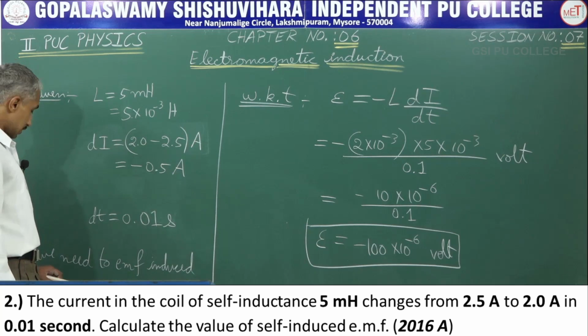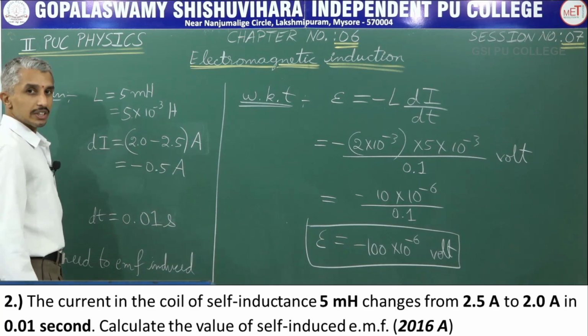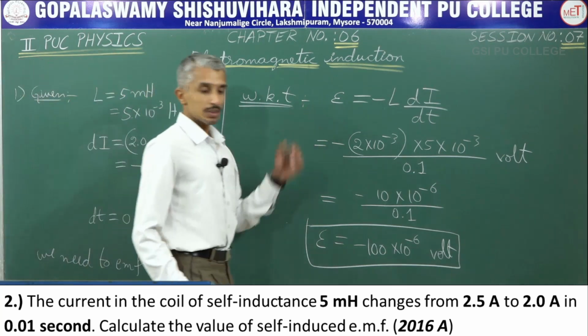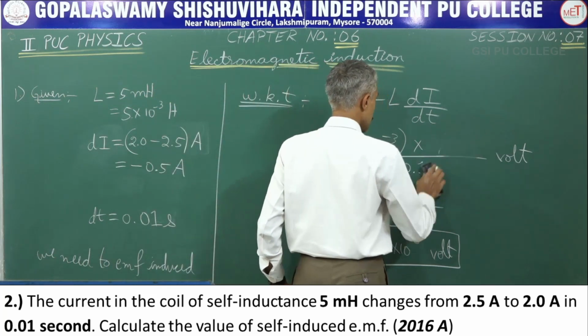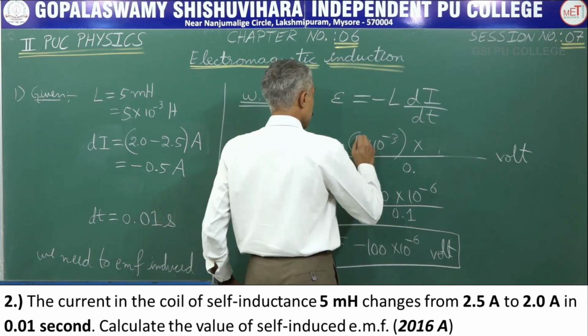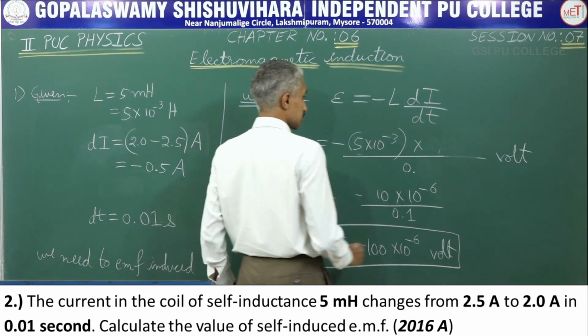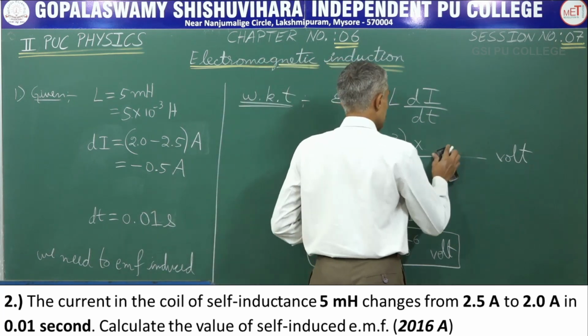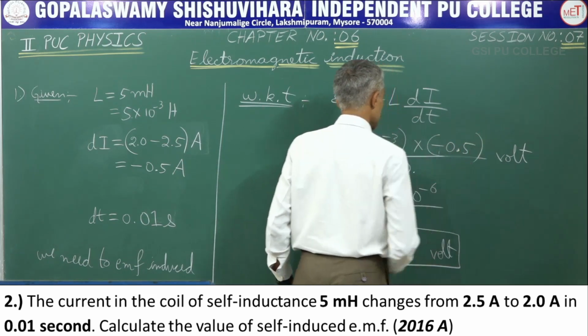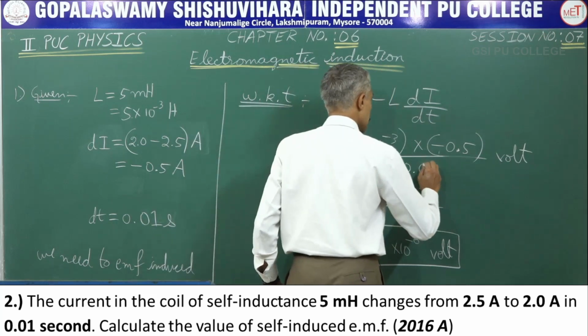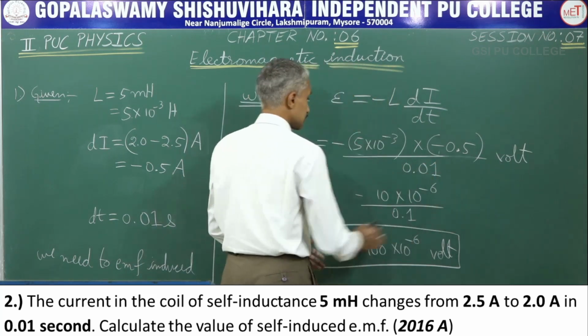Similar to the first numerical, here also we are supposed to find the induced EMF. You can use the same equation, just change the data. 5 millihenry, 5 into 10 to the power minus 3, into the change in current, here it is minus 0.5, divided by the time taken, 0.01 second.